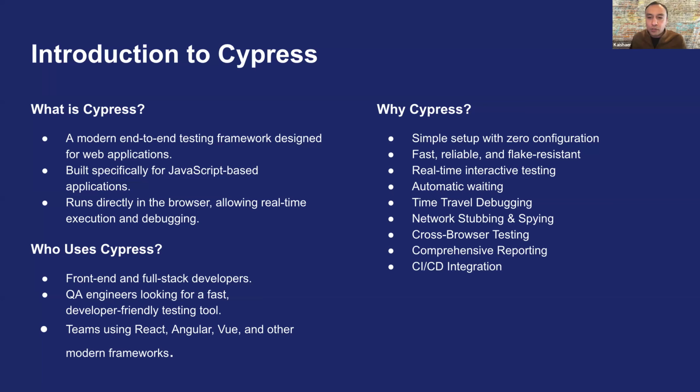Its cross-browser testing ensures your application runs smoothly across different browsers, while comprehensive reporting provides detailed test results for quick debugging and insights. Additionally, Cypress integrates seamlessly with CI/CD pipelines, including Jenkins, GitHub Actions, and GitLab CI, streamlining automated testing in development workflows.